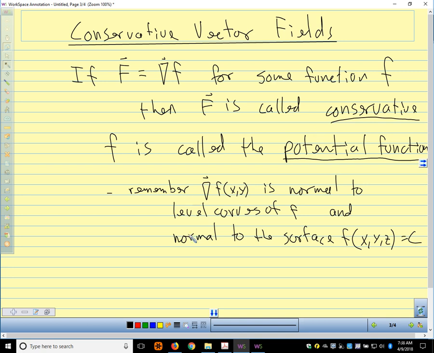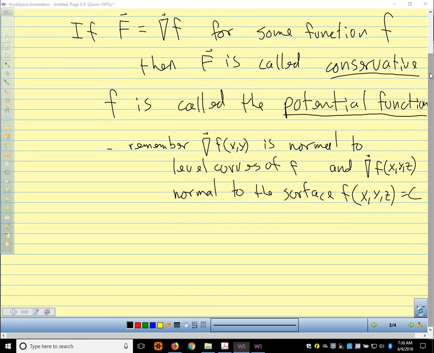And this should be del f of x, y, z. So the property of the gradient as a normal vector is going to be important as well.